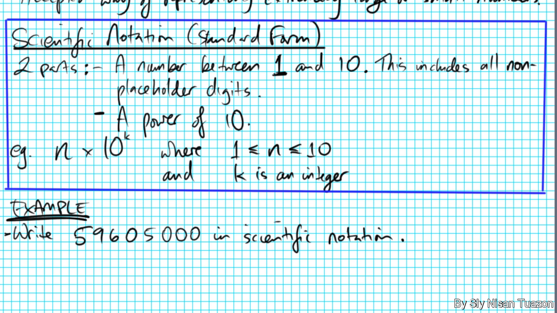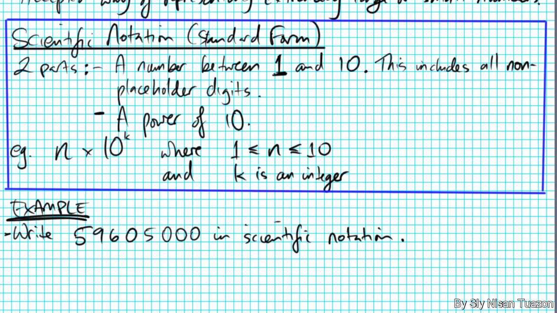This number can have any number of decimal places. It has to include all non-placeholder digits, which you'll see when I do an example below. And after that number, you have a power of 10.